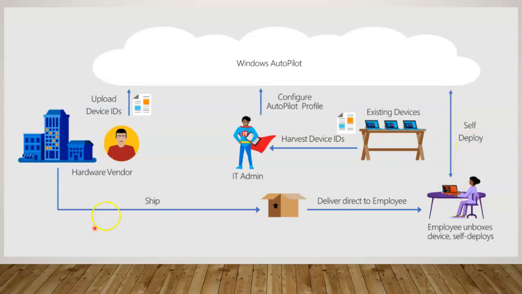If I explore this more, it's about self-deployment, so the IT admin is not involved in delivery. But in the background, as an Intune administrator, whatever device IDs were uploaded, they harvest the devices and associate each with a specific user. Take this user, Nancy, as an example.